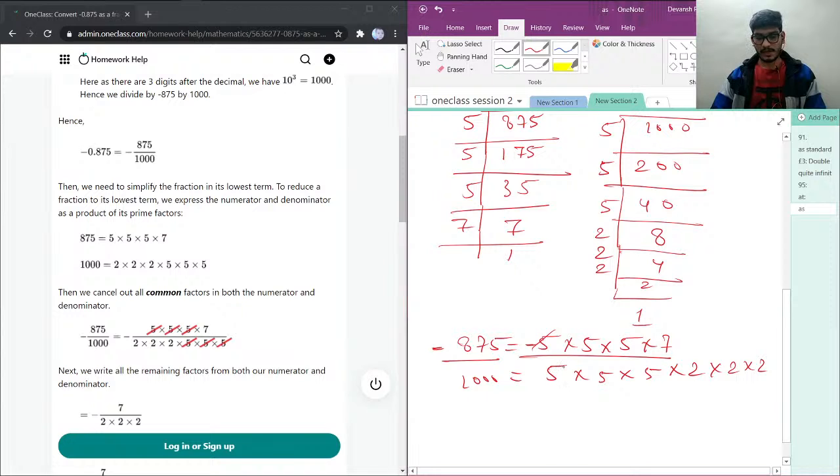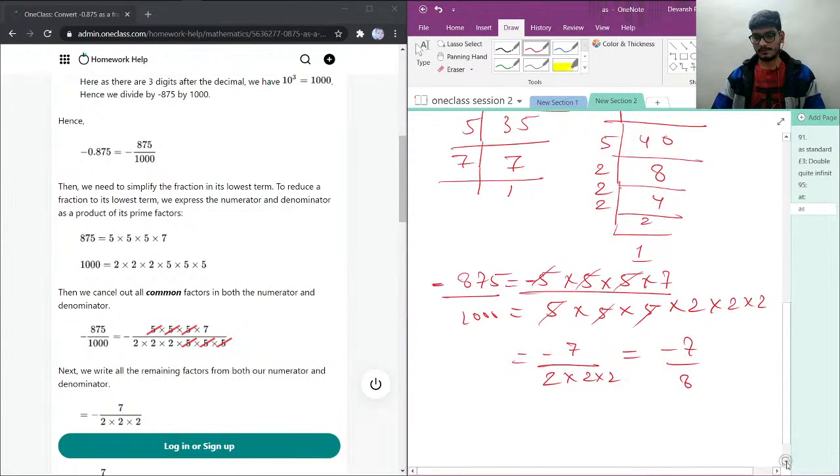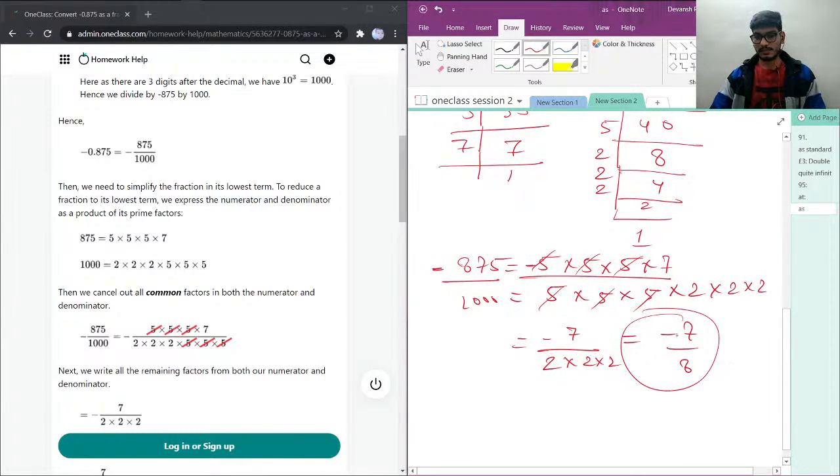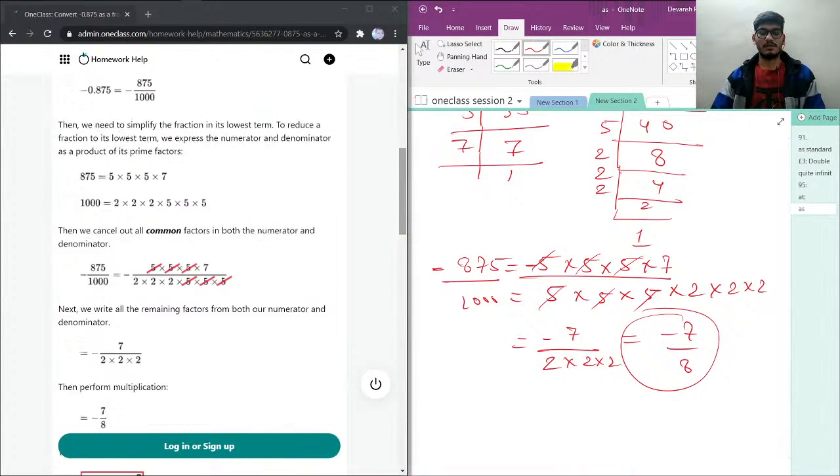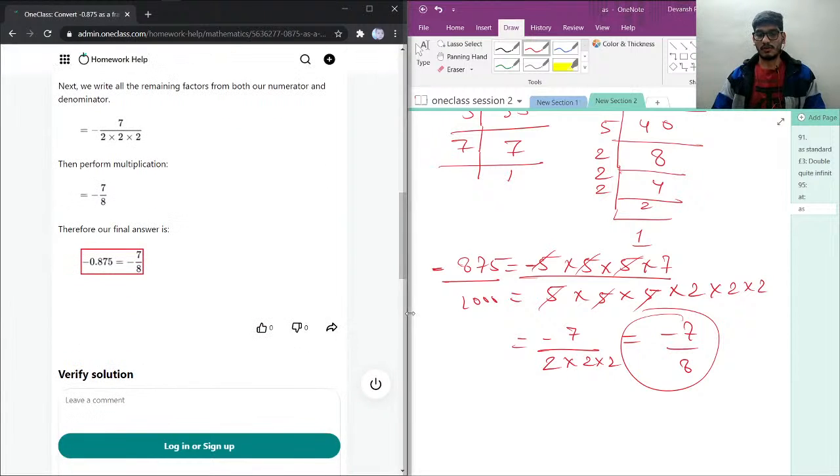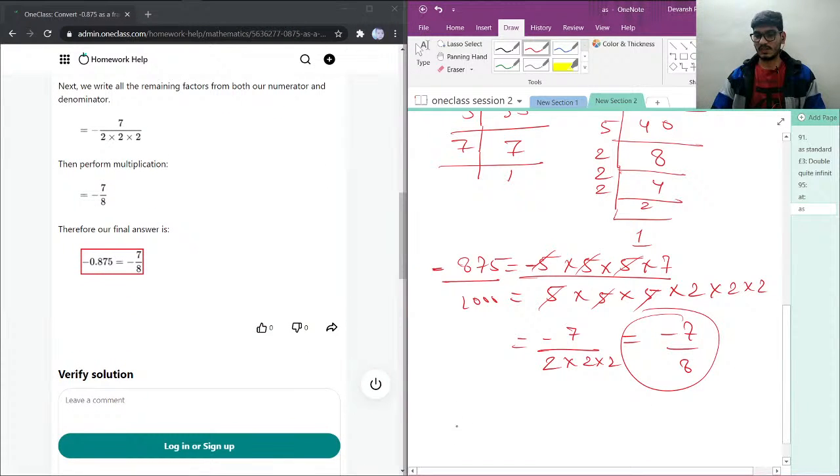Now we can cancel this 5, this 5, this 5, and we'll be left with negative of 7 over 2 times 2 times 2, which is negative of 7 over 8, and this is going to be the simplest fraction of our number.